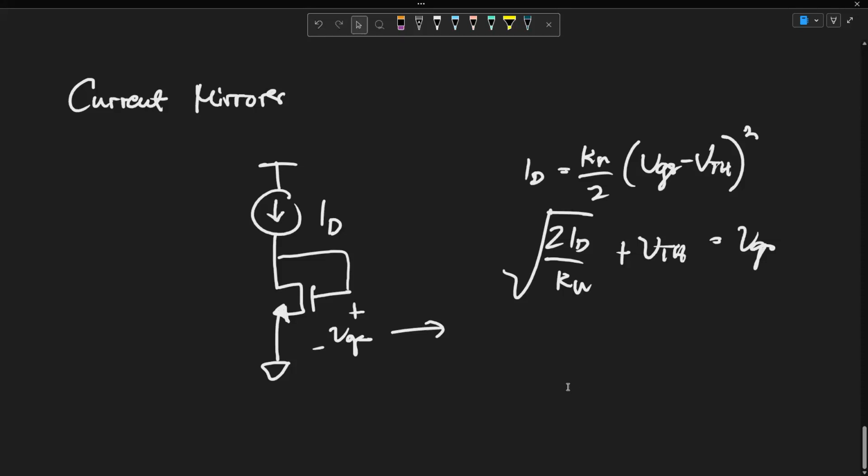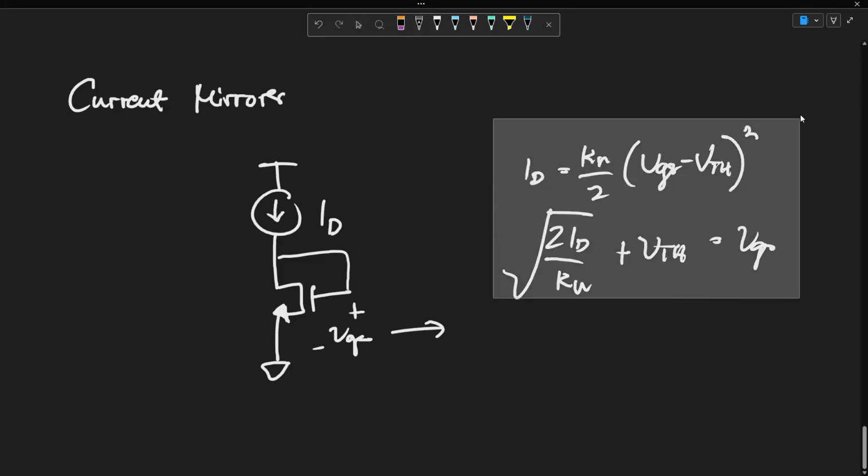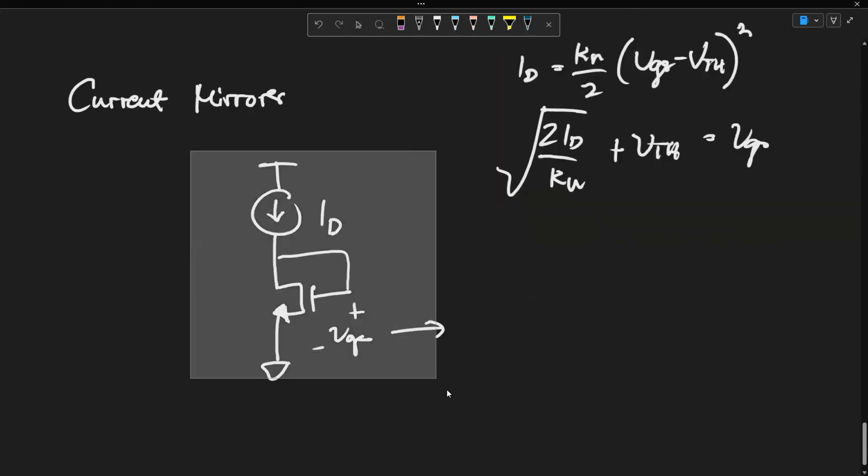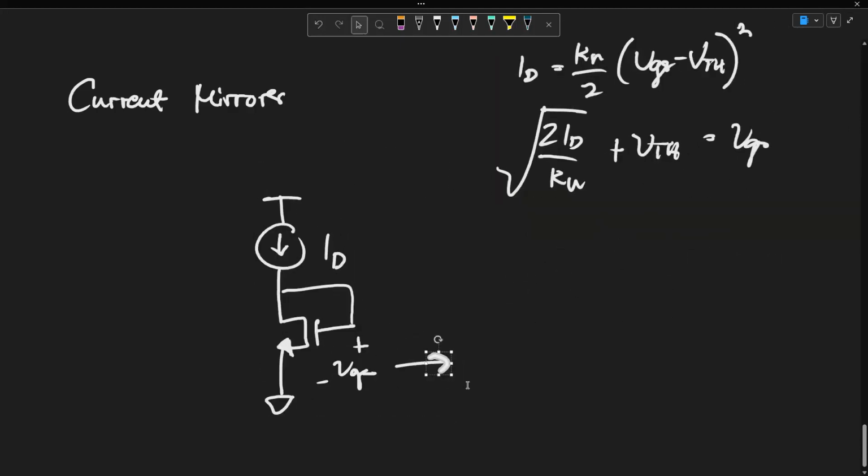So, saan natin pwedeng gamitin tong VGS na to? Well, just so perfectly, this gate does not have any current. It doesn't load at all the other MOSFET.